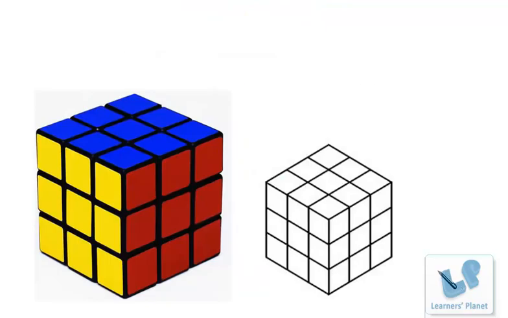Now, as I have already told you, if a single question is there, you should not draw the figure. But if 4 to 5 questions are there based on a single cube, then it is worth drawing a figure. So I'll describe how to draw a figure. First of all, you draw a square like this.